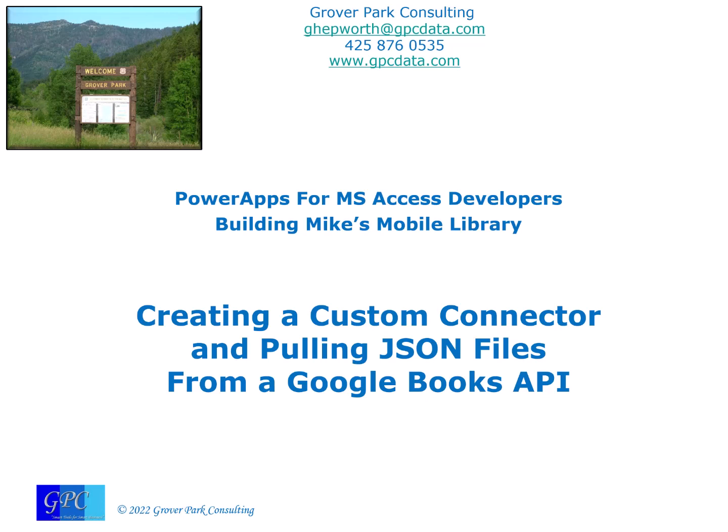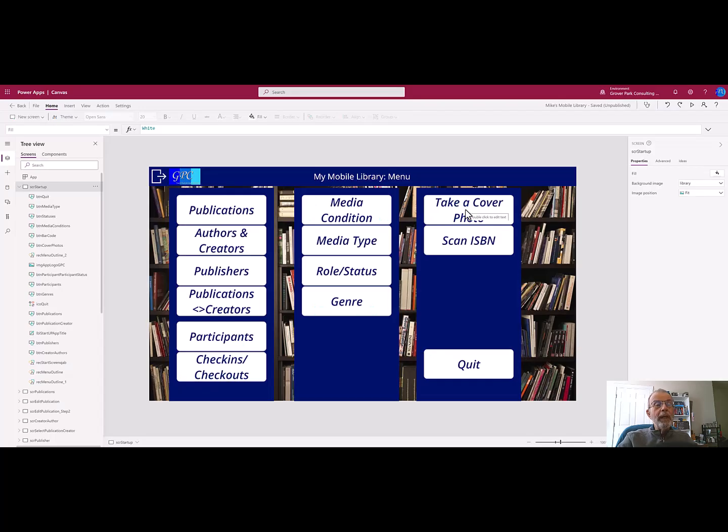We've already seen how you can take pictures with your phone or tablet and store that picture as the cover image for a book. But in a conversation with Shane Young at a recent presentation, the idea came up of scanning ISBN codes from the back of the books and using that information to retrieve information from an API, a web source, that would allow us to recover things like the name of the publication, authors, publisher, and so on.